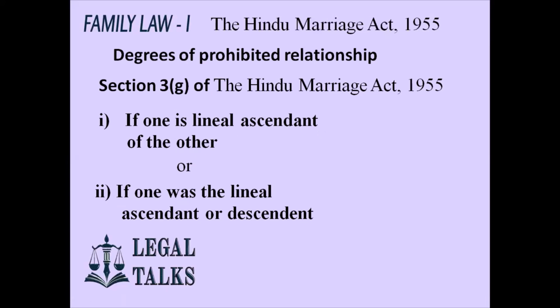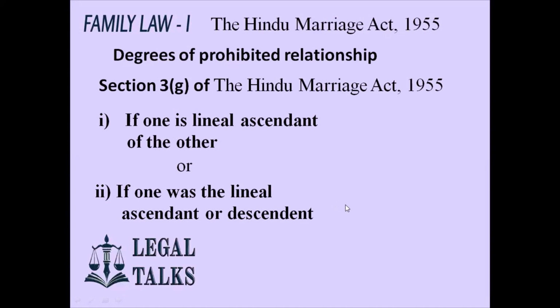Okay. Now, for example, K is the father. So being a father, he cannot marry his son's wife, or he cannot marry his father's wife, that is his mother. Okay. So if one was the lineal ascendant or descendant.